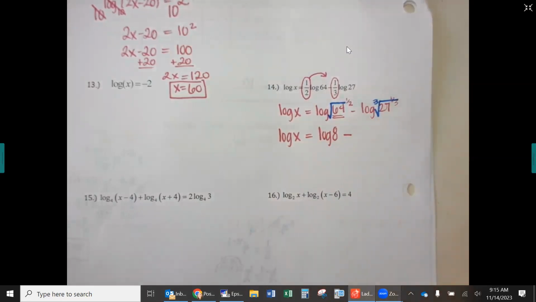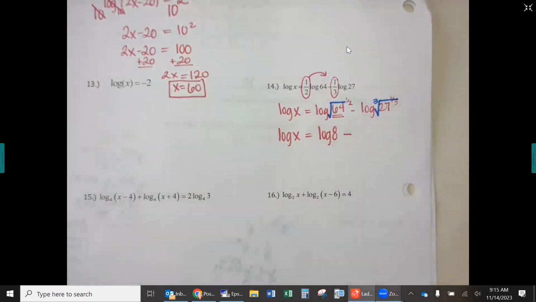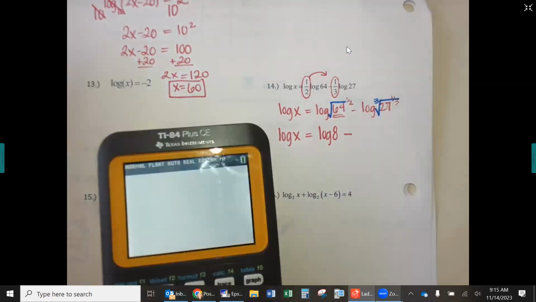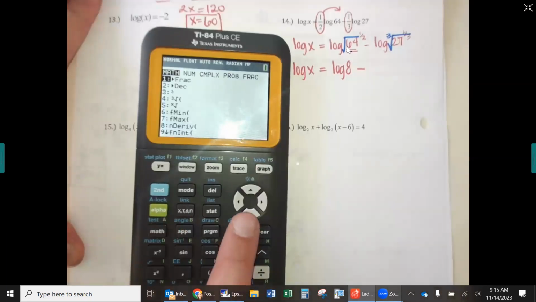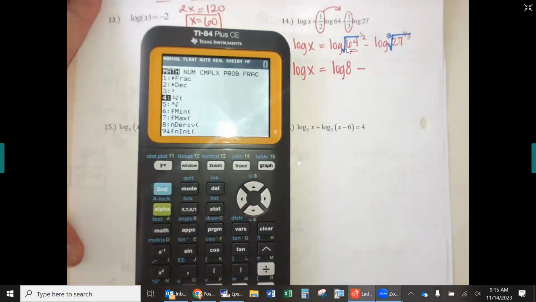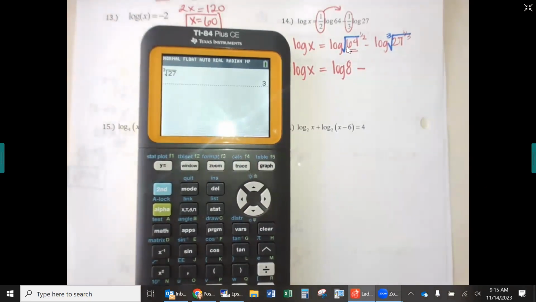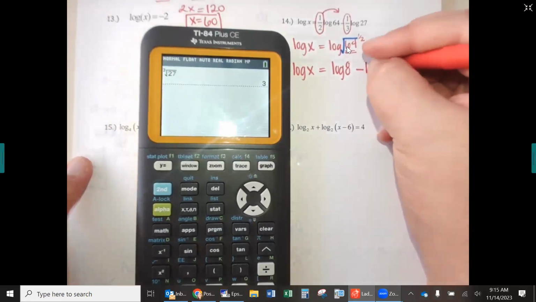And do we know what the cubic root of 27 is? It is 3. Let me show you though how to put it in the calculator. Okay, if you don't know where the cubic root is, let me just show you. You're going to hit the math button right here. And then do you see that you have an option for cubic root? So I don't expect you necessarily to have those memorized, but for 27, okay, we should know it's 3. So that'd be log 8 minus log 3.